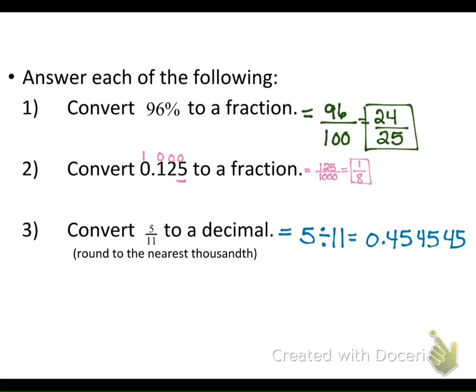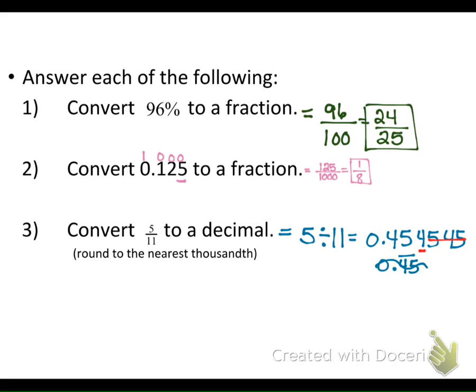Now, you can show a repeating decimal by drawing a line over it. That line over it means that the numbers 4 and 5 are both repeating. However, our directions say round it to the nearest thousandth. You guys already told me the thousandths spot is 3 places past the decimal. So what number is in my thousandths place? It'd be the 4.